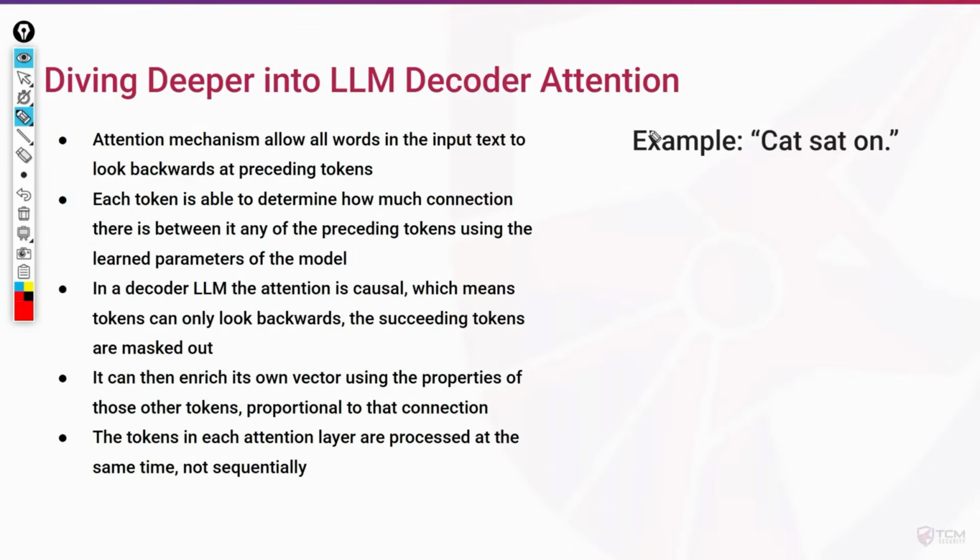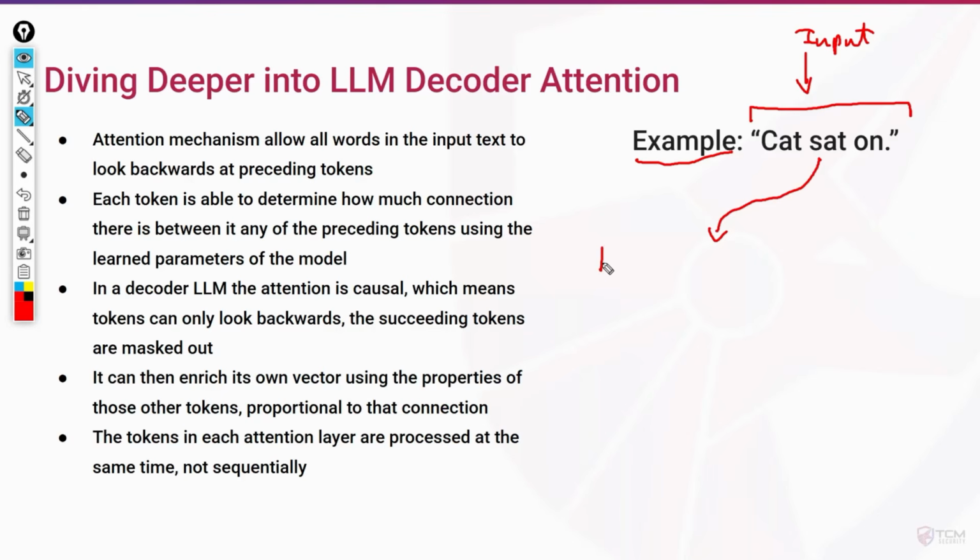Before we dive deeper into how LLM decoder attention works, I do want to just quickly make sure we're all on the same page about how it works in general. So I've got an example here, and we've got our input text. For us, our input is going to be the cat sat on. So this is our input. And the first thing that's going to happen here is it's going to get tokenized.